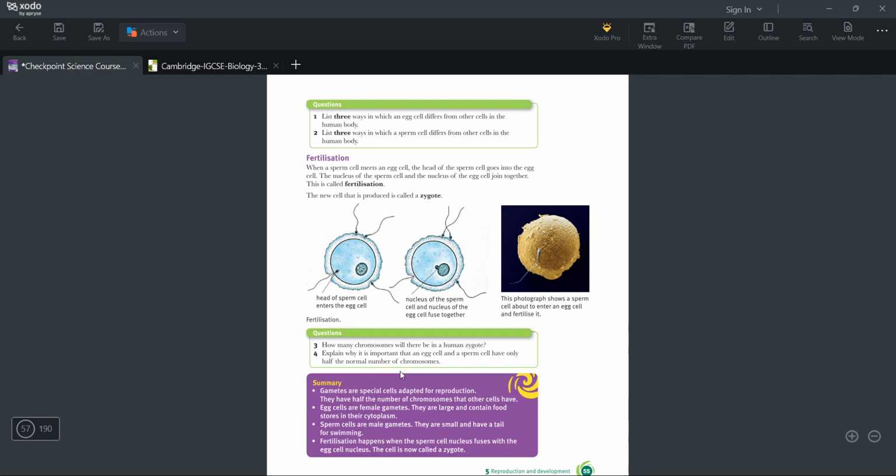This can happen sometimes, but it generally leads to a genetic disease or genetic syndrome. So for the correct number of chromosomes in a zygote to form, there needs to be exactly half the number of chromosomes in a sperm cell and the other half in an egg cell.